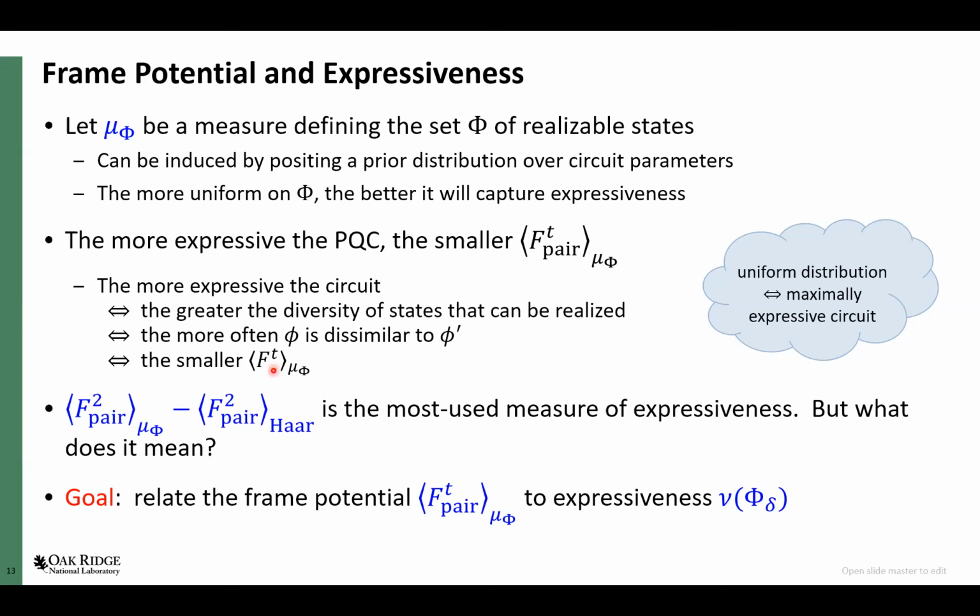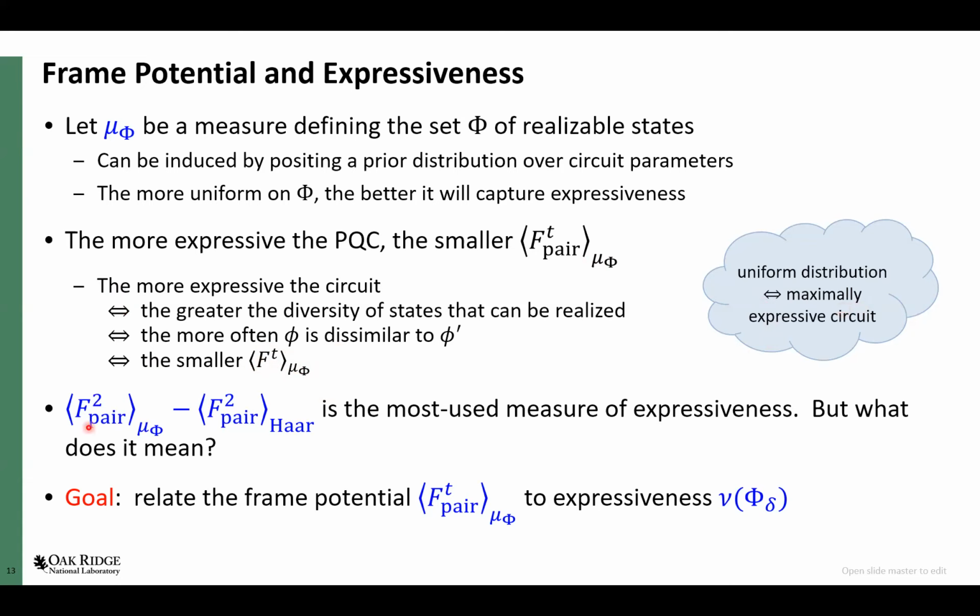So the expected fidelity is going to be smaller. A small expected fidelity raised to some power t, the smaller that is, the more expressive your circuit. And then we compare this to the value that you get for a uniform distribution, because being able to make all states uniformly, in a certain sense, corresponds to a maximally expressive circuit.